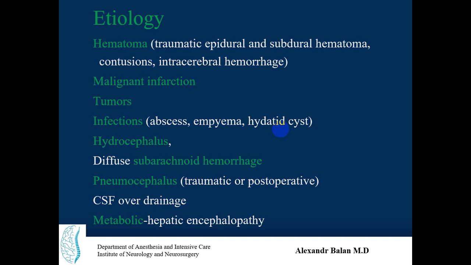Causes of herniation could be the following: hematoma from traumatic epidural or subdural hematoma, any type of hematoma, intracranial hemorrhage, which is active and later transforms into a hematoma, contusions, malignant infarction, and tumors, any type of tumor, benign or malignant, which increases in size and becomes compressive. Infections as well, like abscess, empyema, or hydatid cyst, as they increase in size and cause compression.